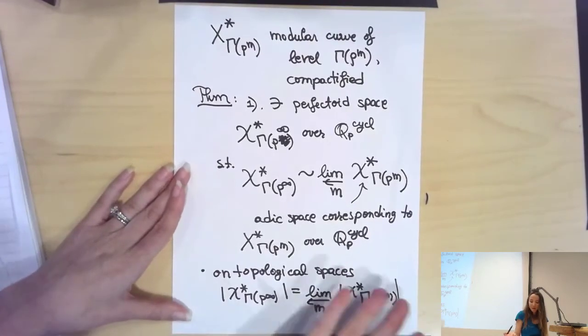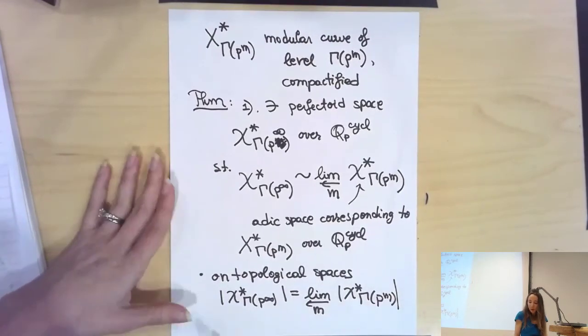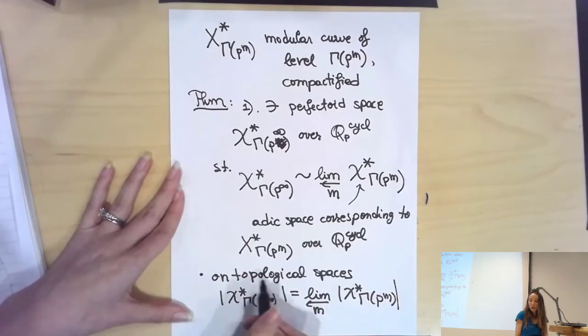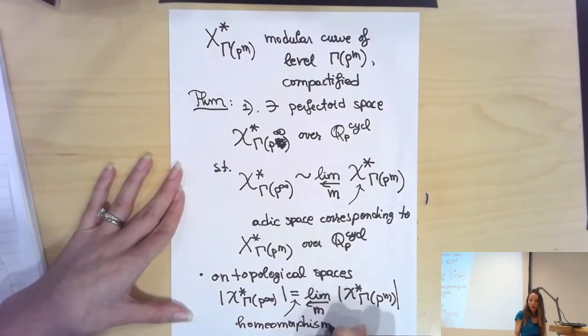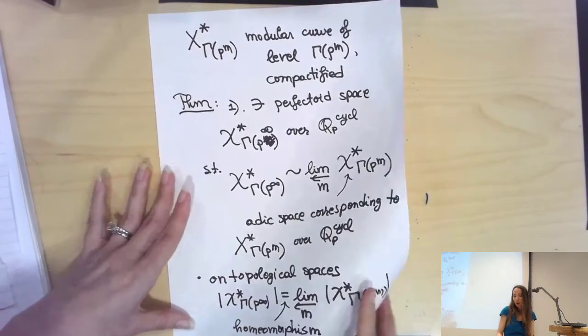It turns out taking inverse limits also preserves nice properties. So as a topological space, this one is pretty nice. And by this equality, I mean there's a homeomorphism.